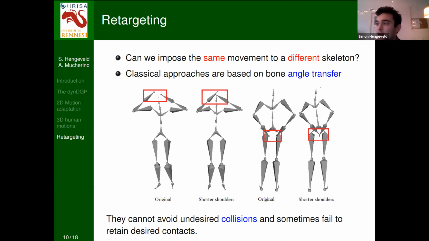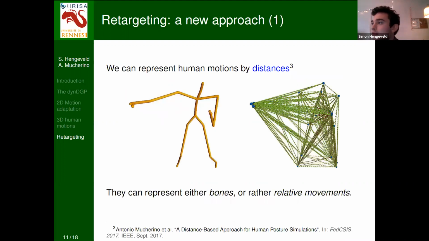So how can we avoid such problems? We can look at it from a different point of view, because we can also represent these human motions by distances. When we talk about these distances, we talk about either the bone lengths, like in the left picture, or relative movements between joints. So these are distances between joints at the same frame or at different frames.